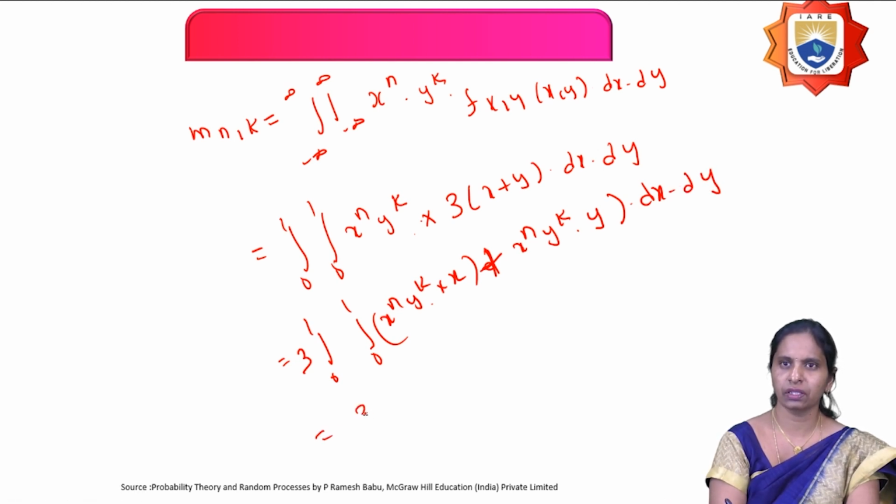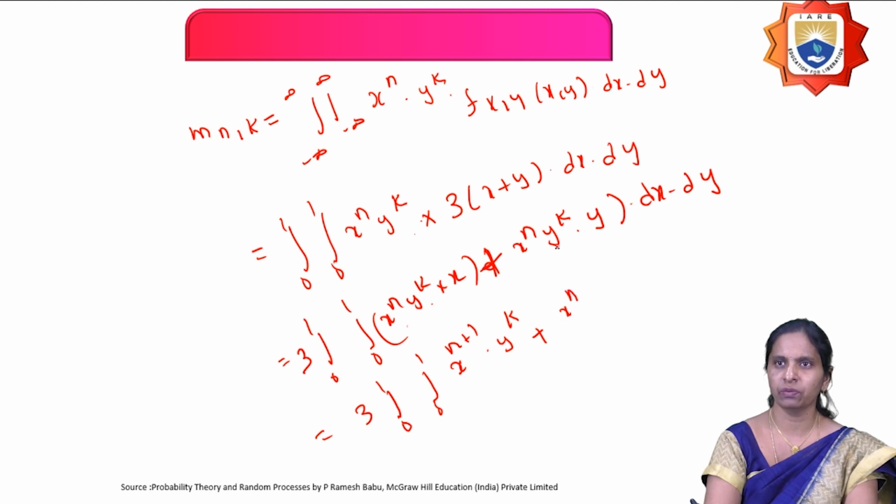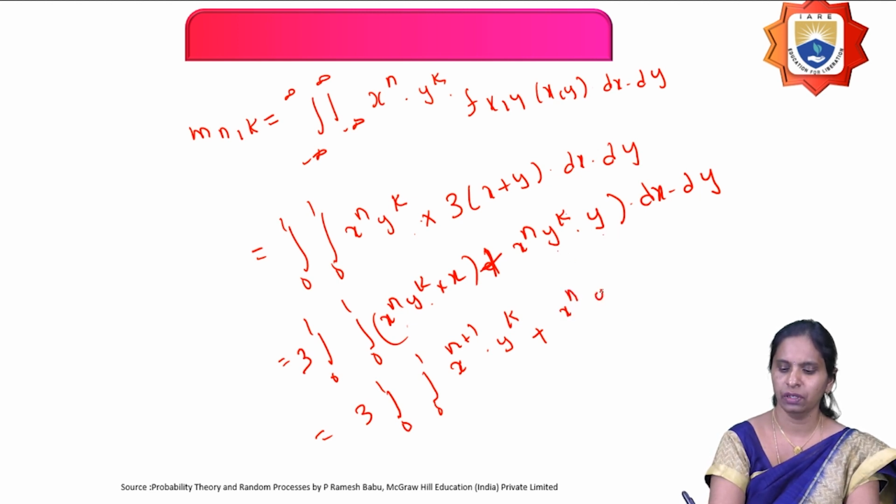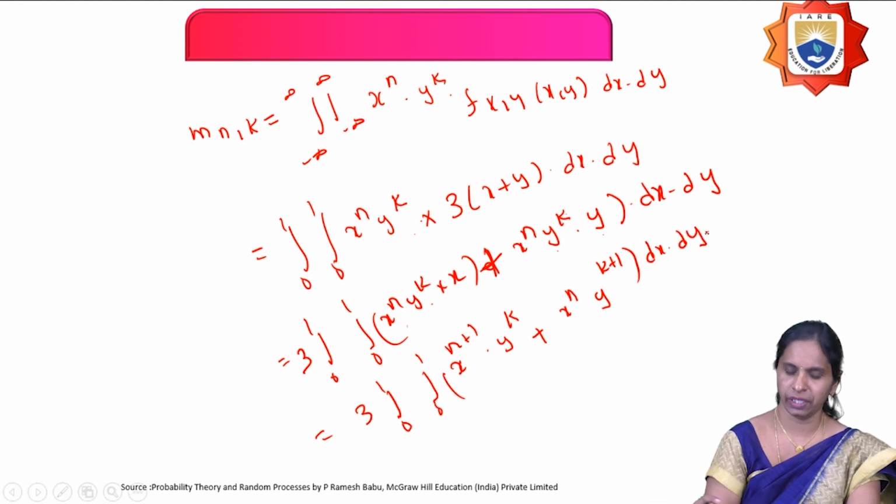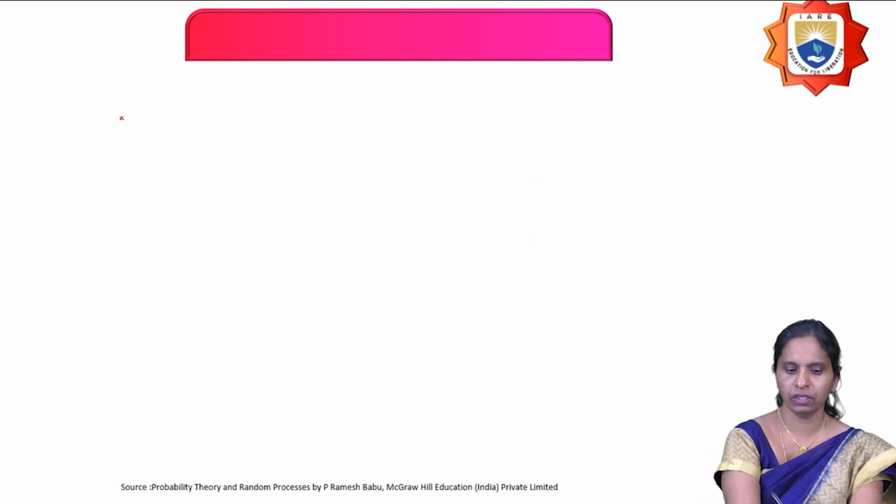That equals 3 into integration 0 to 1, 0 to 1 of x power n plus 1 into y power k, plus x power n into y power k plus 1, dx dy.